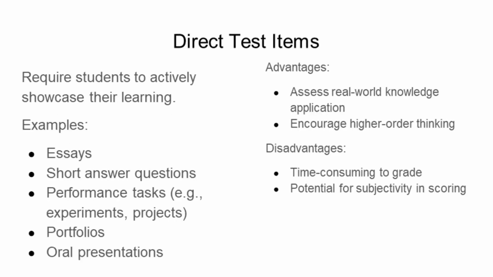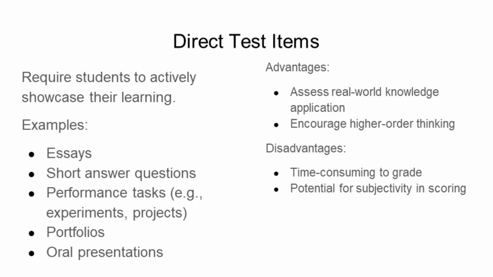Next, direct type of the test. Direct type of test items require students to actively demonstrate their learning. They involve tasks and formats where students use their knowledge to create, analyze, construct, or perform.